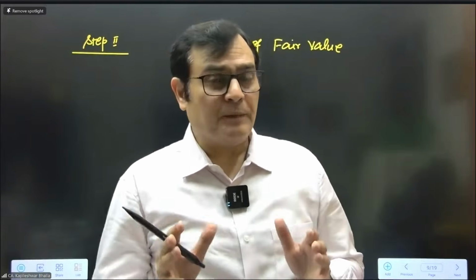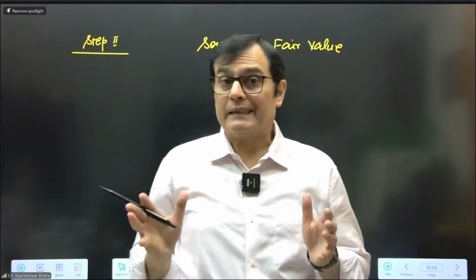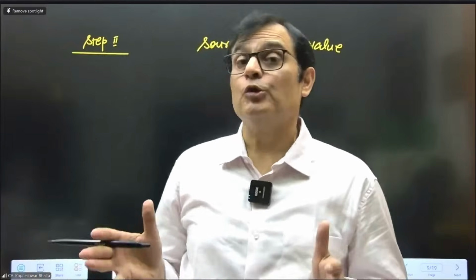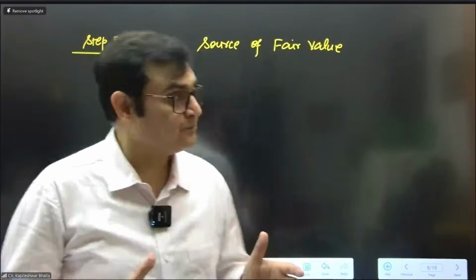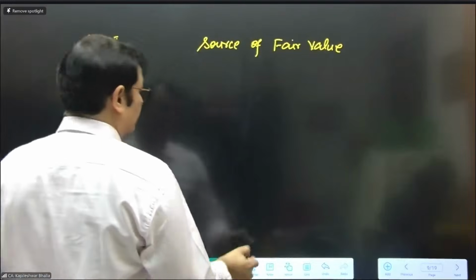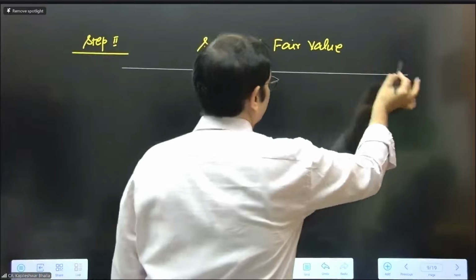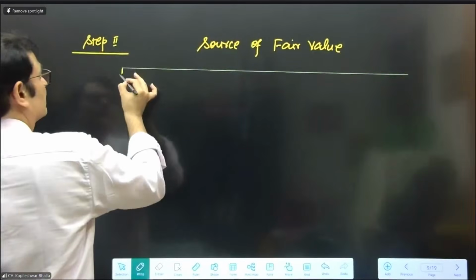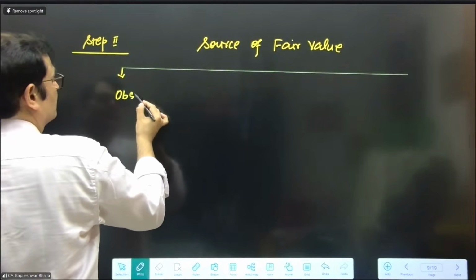And the difference is adjusted in the profit and loss immediately. But if it is supposed to be based on unobservable data, then you go to the step number 3 to look into the kind of relationships. So in this case, when you say the source of the fair value, the source of the fair value could be an observable data.